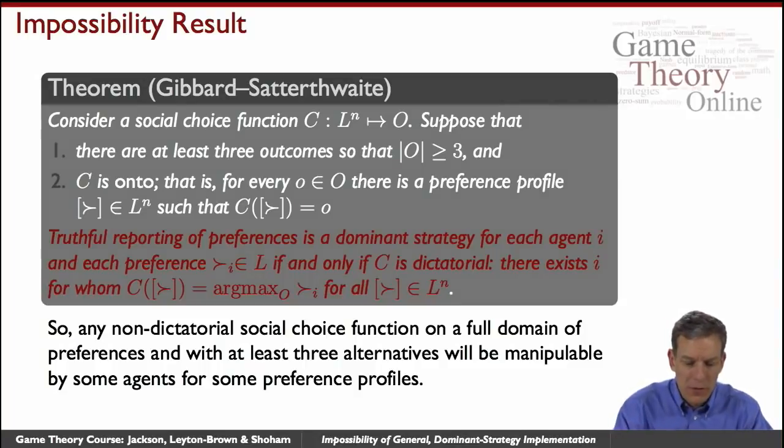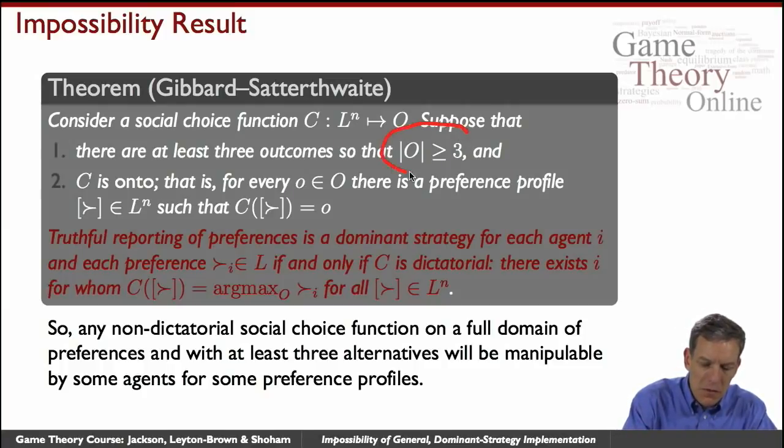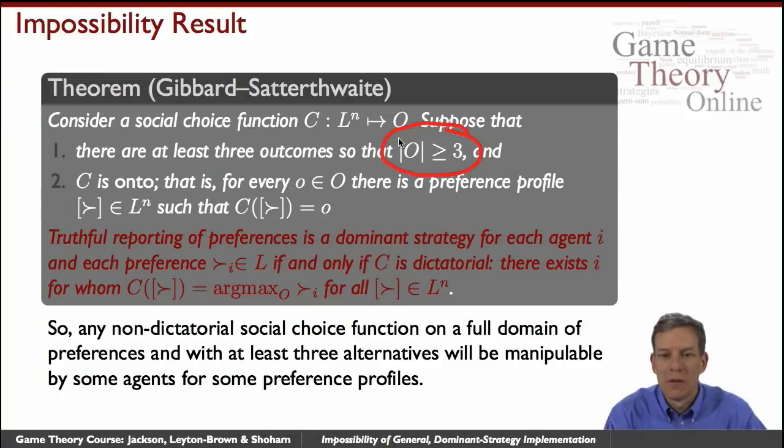One more thing about this, and this is something you can verify yourself. Suppose that you only had two alternatives. Then it's going to be easy to find a rule. Think of majority rule. Is that strategy proof? Imagine that we have just two candidates and you get to vote for which one you would prefer, and you always prefer one to the other. There will be a variety of strategy proof rules in that setting.